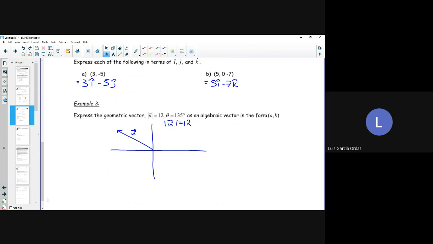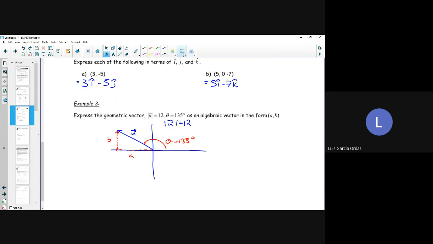Now, I need to figure out my angle theta. My angle theta is going to be my principal angle from here all the way to this guy over here. This is theta, and that is equal to 135 degrees. However, I need to figure out what my A is going to be and what my B is going to be.